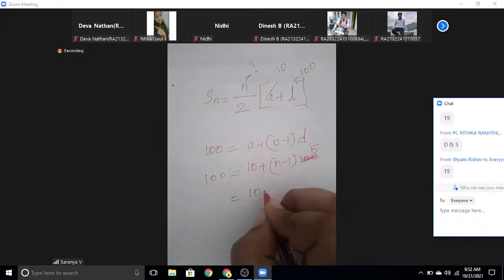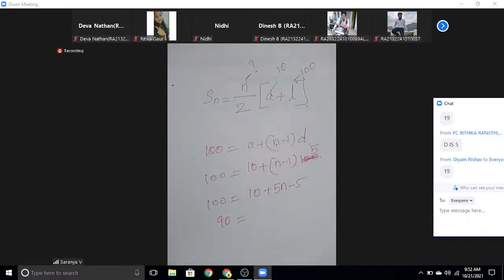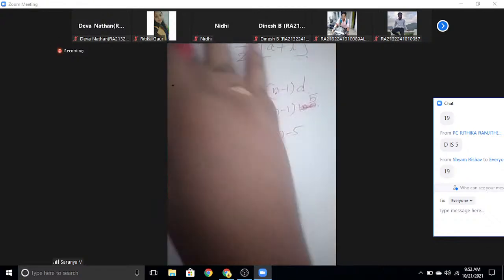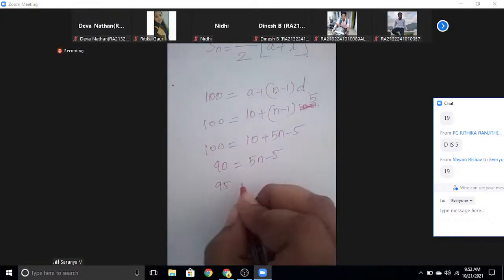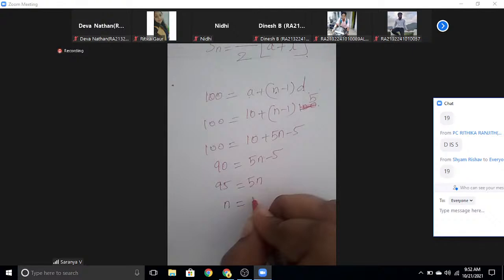So 10 plus 5n minus 5 equal to 100. Okay, 90 equal to 5n minus 5. And 95 is equal to 5n. What about your n? 95 divided by 5.